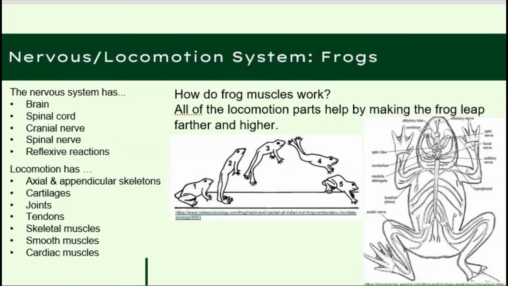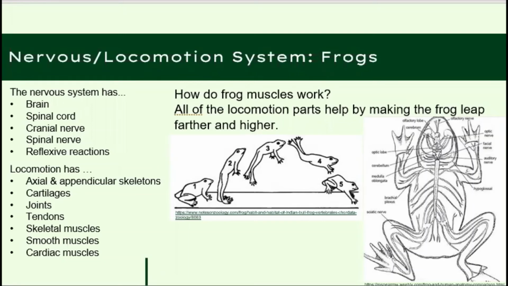Frogs contain the brain, spinal cord, cranial nerves, spinal nerves, and reflexive reactions, which help the frog react if there's a sudden movement or something they should fear. The locomotion system has the axial and appendicular skeletons, cartilages, joints, tendons, skeletal muscles, smooth muscles, and cardiac muscles.